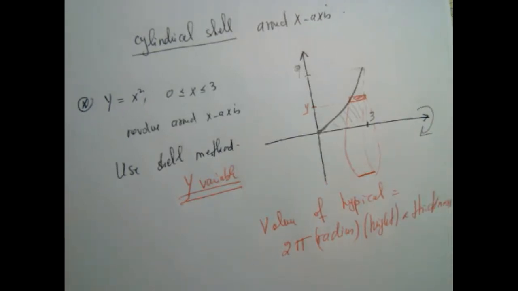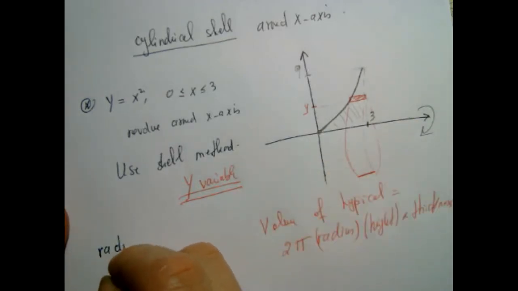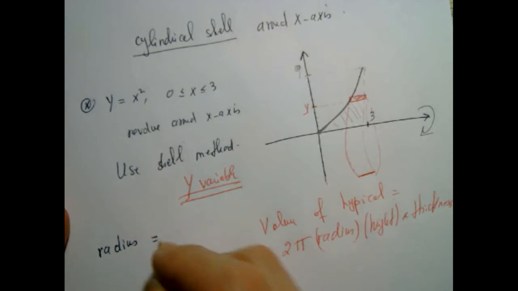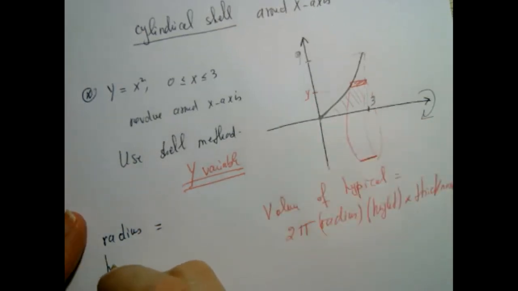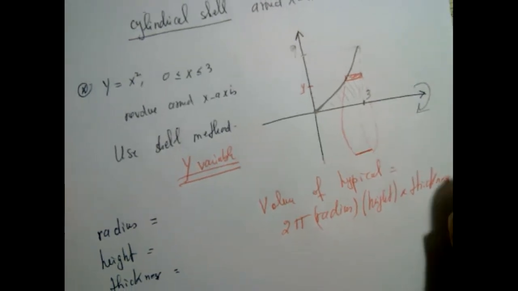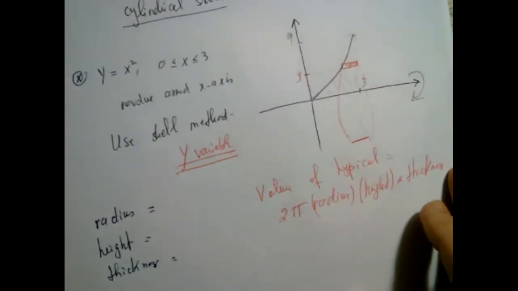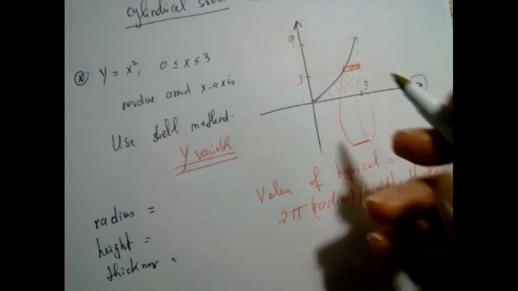Okay, and as you know, we have to figure out every aspect here. So we're going to know what's the radius of a typical shell, what's the height of a typical shell, and what's the thickness. All right, let's see the easiest one. What's the thickness of the shell?